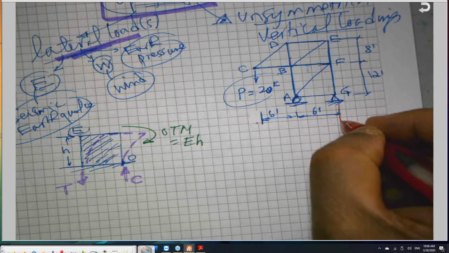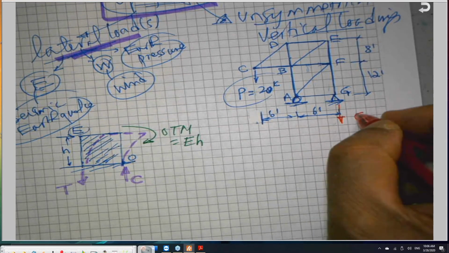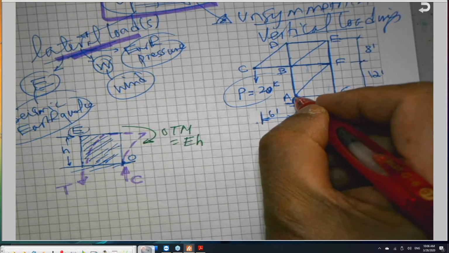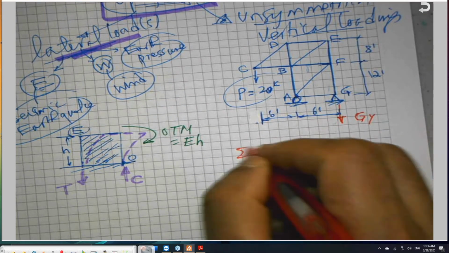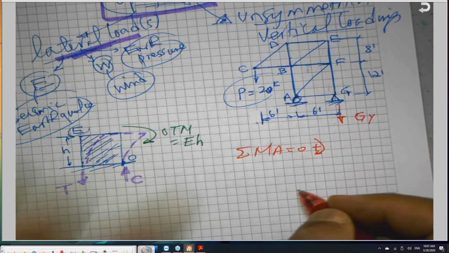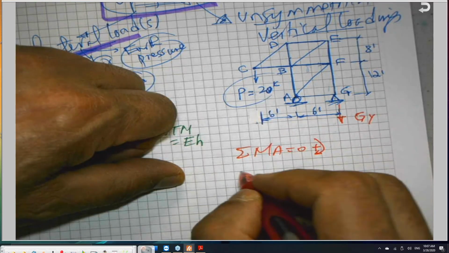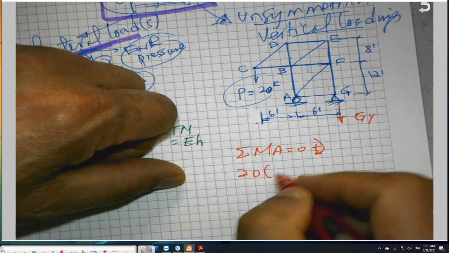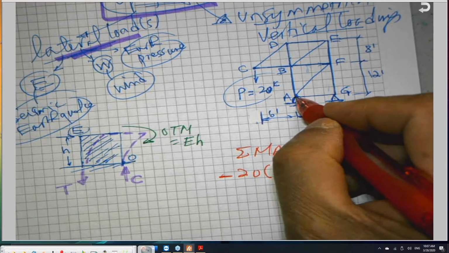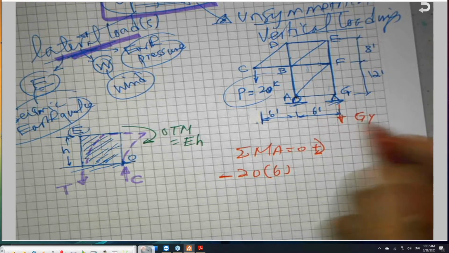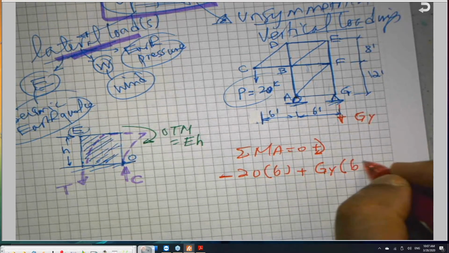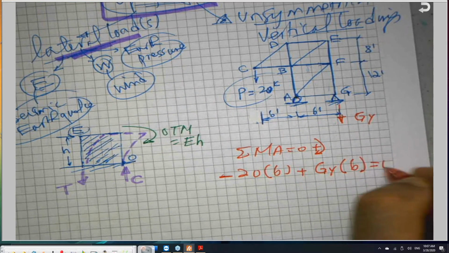This is a reaction, which is G sub Y. If I sum moments about A, sigma moment about A equals 0, clockwise positive, it is 20 kips times 6, which is negative, plus G sub Y times 6 equals 0.